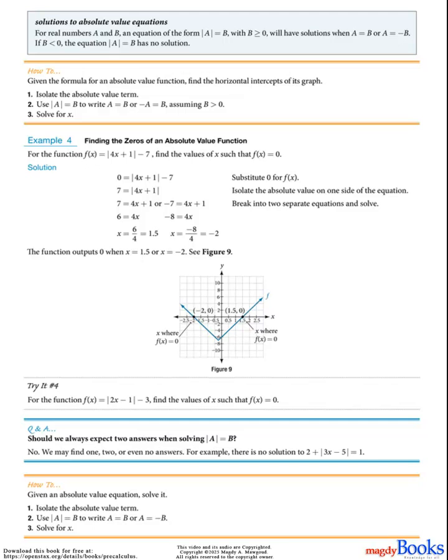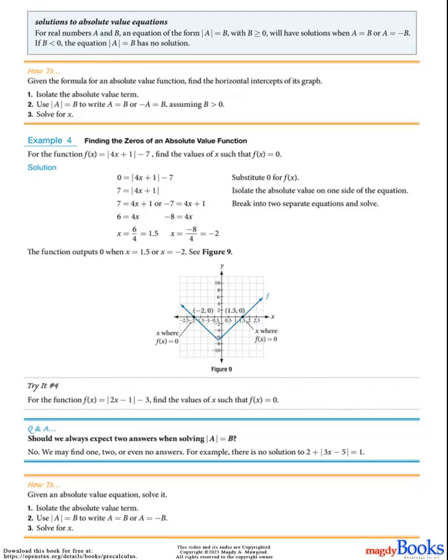7 equals the absolute value of 4x plus 1. Isolate the absolute value on one side of the equation. 7 equals 4x plus 1, or negative 7 equals 4x plus 1.